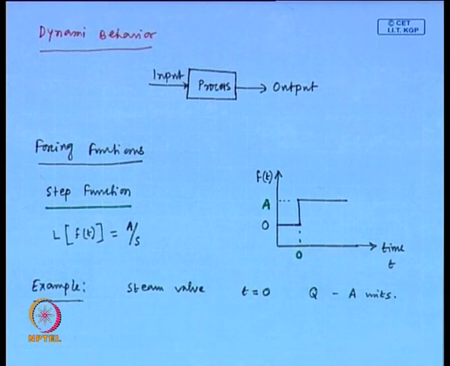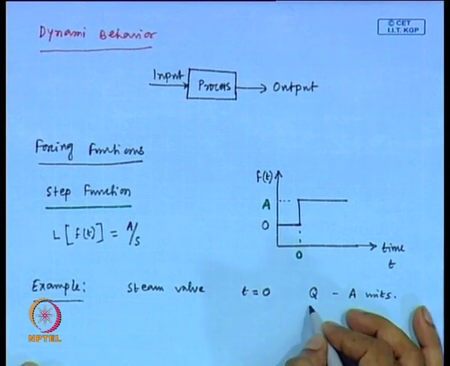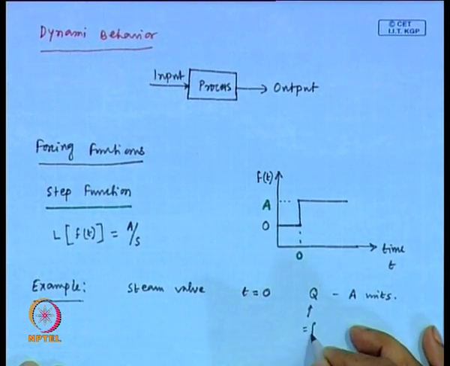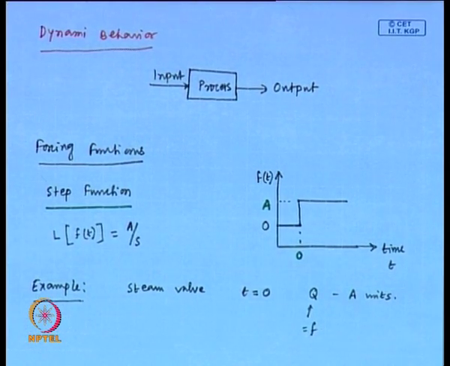Here Q is the steam flow rate, and that is basically F. So, if we change the Q by A units at time t equals to 0, that is the example of a step input. So, we can change the load variable, disturbance variable by this fashion to observe the transient behavior of the process. This is the first type of forcing function which is commonly used.